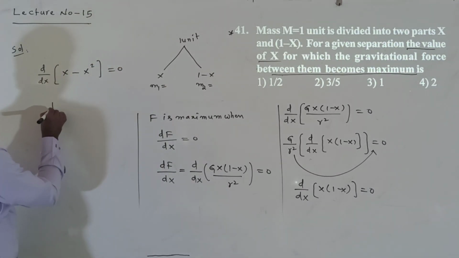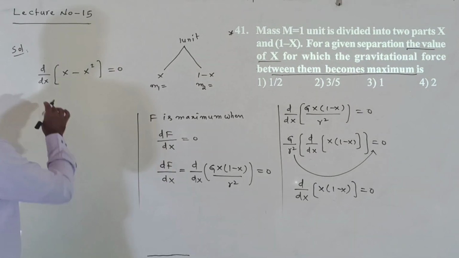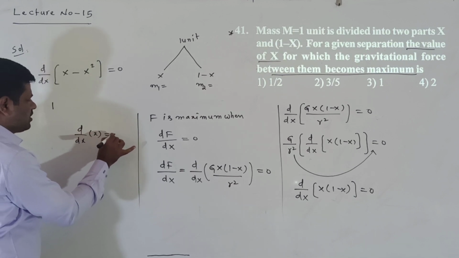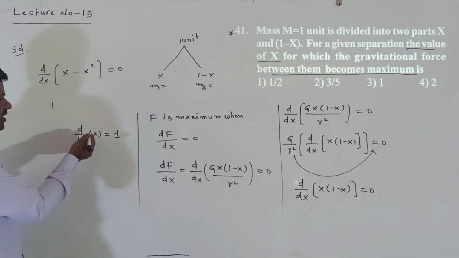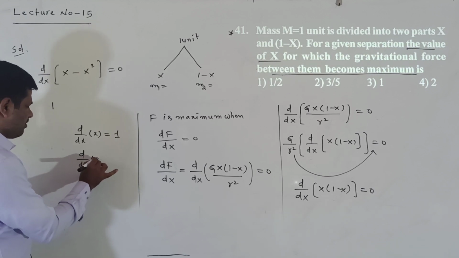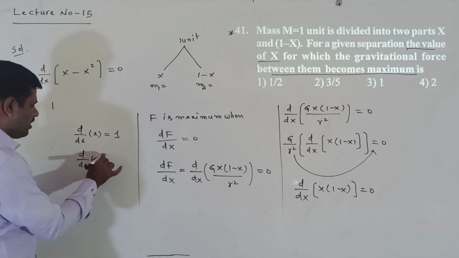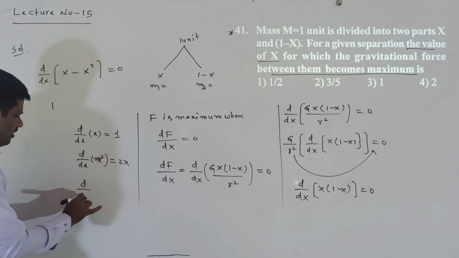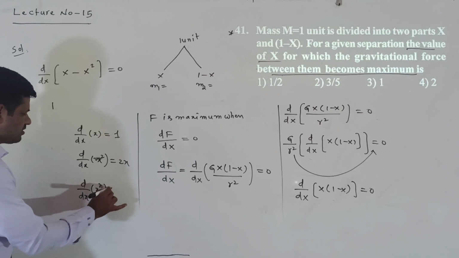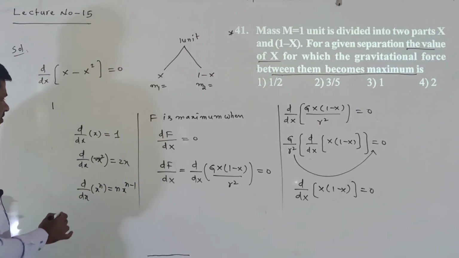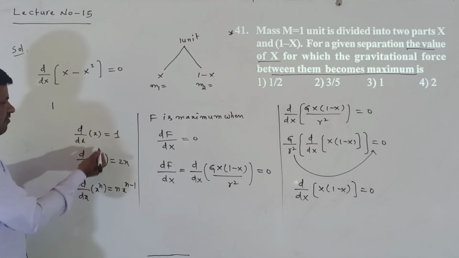The differentiation of x is 1, d by dx of x equals 1, we know that formula. d by dx of x square, you studied already, is equal to 2x. What is the general formula? d by dx of x to the power n is equal to n into x to the power n minus 1. This is the formula.